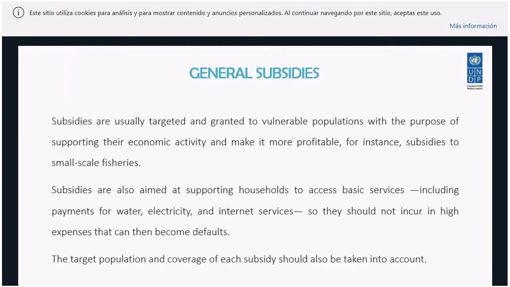I think I mentioned quite a lot about subsidies. They are usually targeted to the vulnerable population with the purpose of supporting their economic activity or helping to smooth the consumption of households.